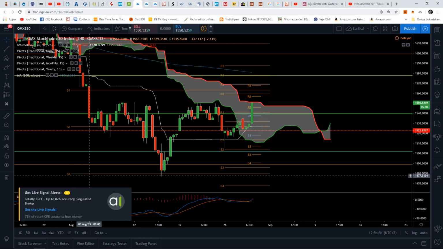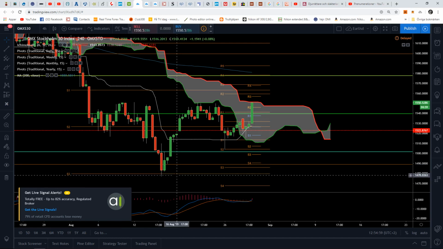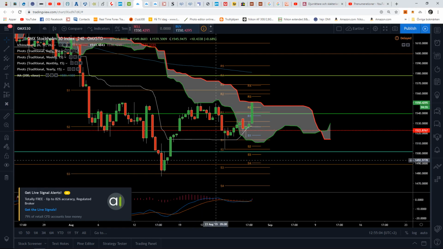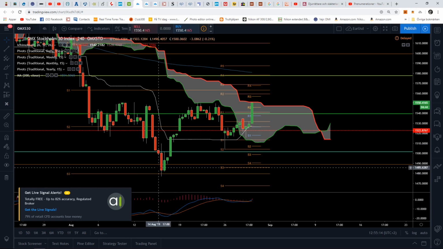which also was a retest of the monthly S3, and that is of course quite oversold on the monthly chart when we come all the way down to S3. So it was sort of natural with some relief rally here from that level, and it was a good way to step in, which most probably the large investors did, because we get this nice bounce from this level.